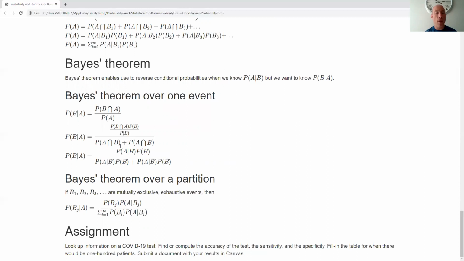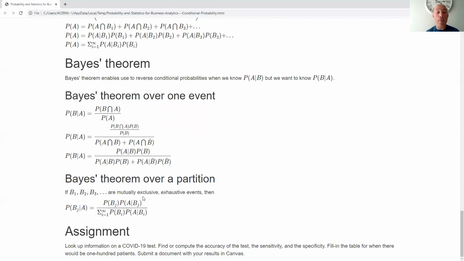All right, the punchline is that the probability of B given A is equal to the probability of A given B times the probability of B, divided by the probability of A given B times the probability of B plus the probability of A given B complement times the probability of B complement.